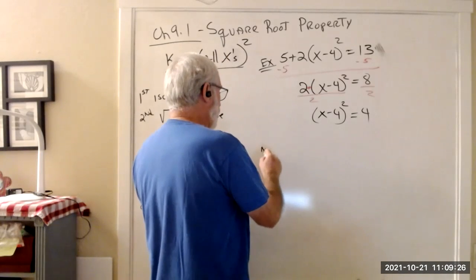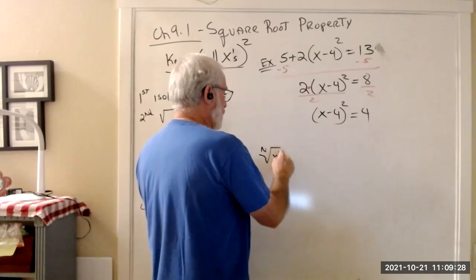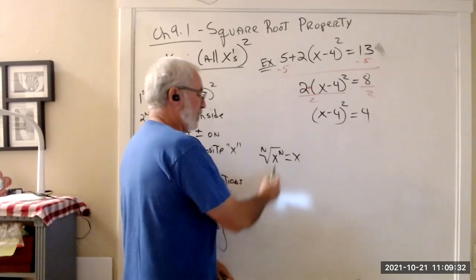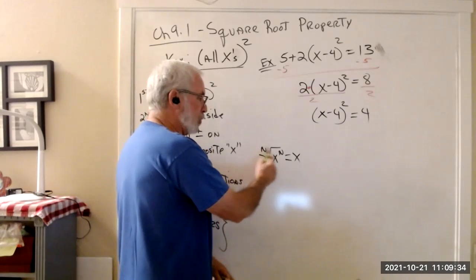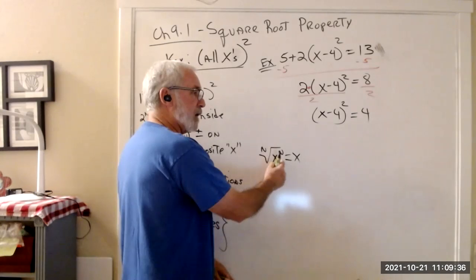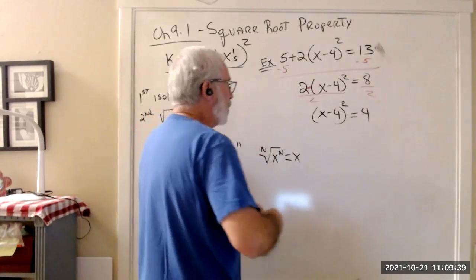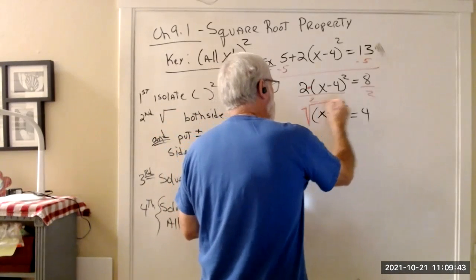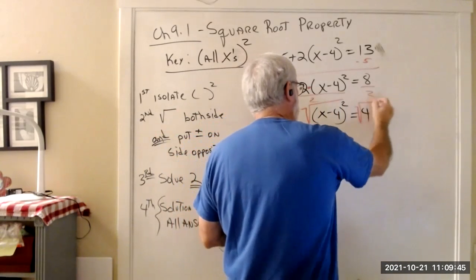We have the nth root of x to the nth power is x. The nth power and the nth root always cancel each other out. So we're going to write here, the square root of this side, the square root of this side.